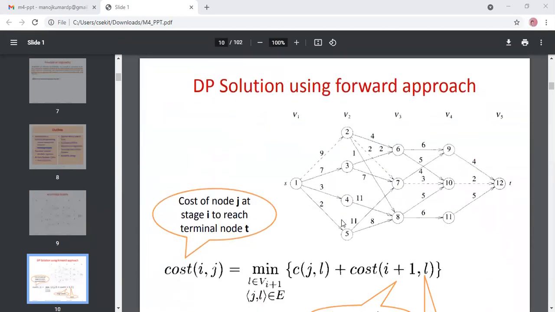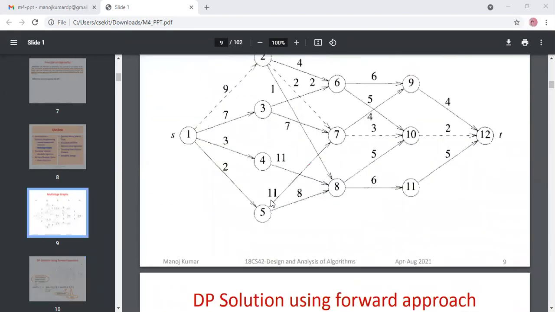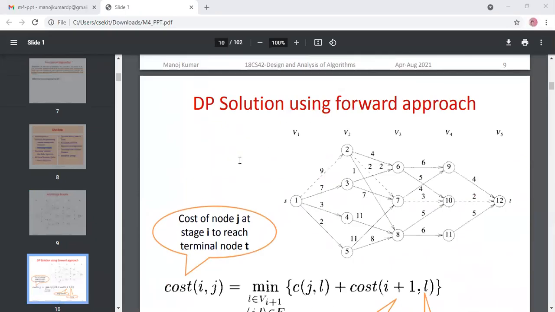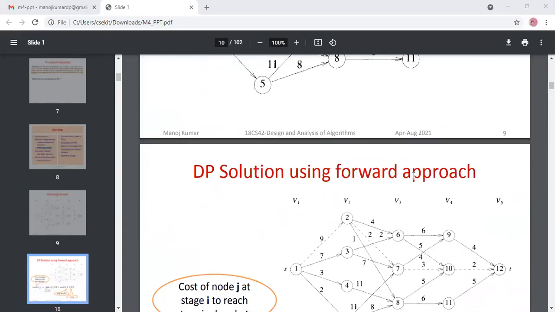DP solution using forward approach. If you are going with a forward approach, they have given the path, so the cost of the node using forward approach.